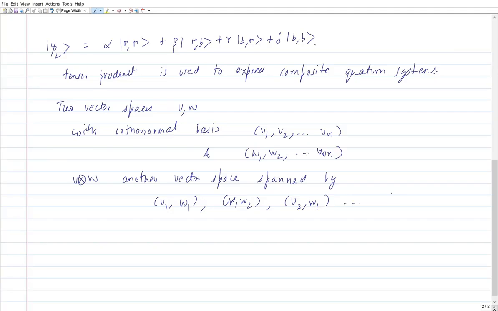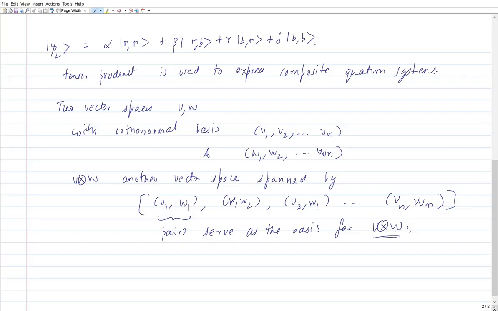So basically, in general, I'll have these pairs which serve as the basis for this vector space, V tensor W vector space, and by construction these are going to be the basis vectors for the tensor product vector space.